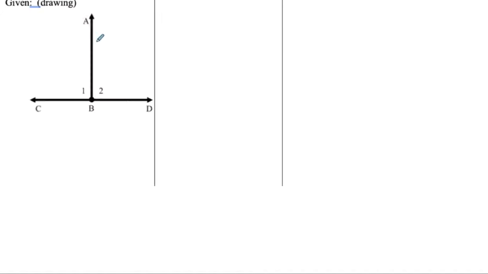All right, and then here's our last one. Angle 1, I'll give you this drawing, and that's all I give you, and I label this one angle 1 and angle 2. Now remember I said that lines that appear to be straight, you can't assume they're straight. So really the only thing I get out of this is that the measure of angle 1 plus the measure of angle 2 equals 180 degrees. And there's lots of answers you could give for the reason behind this. I could say the linear pair postulate.